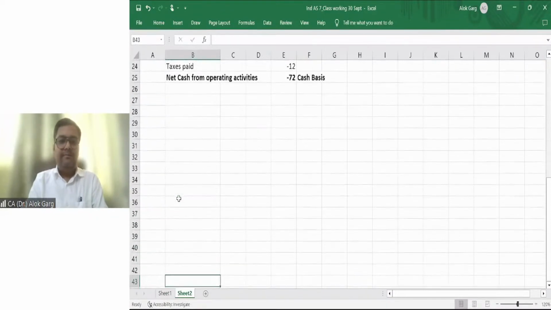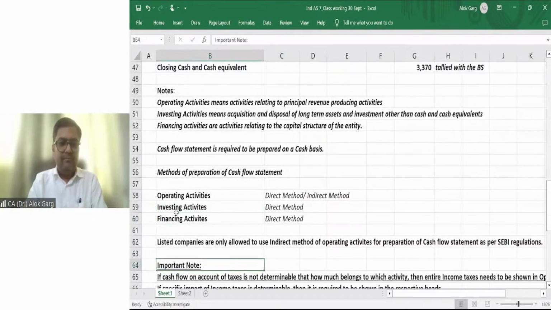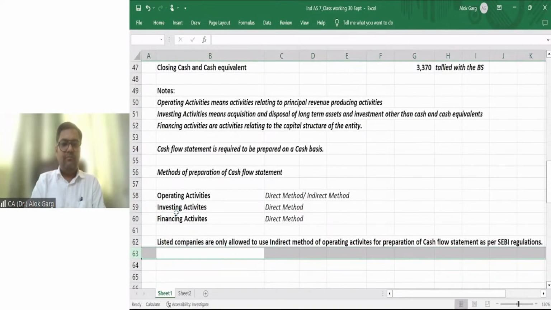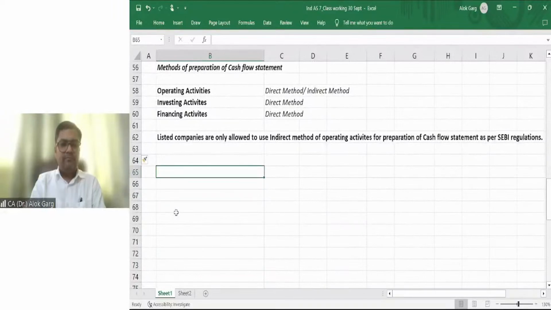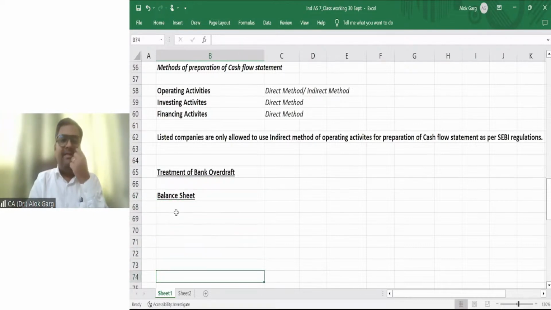For example, let's put it here only. Treatment of bank overdraft. Balance sheet. In the balance sheet, assets are there.